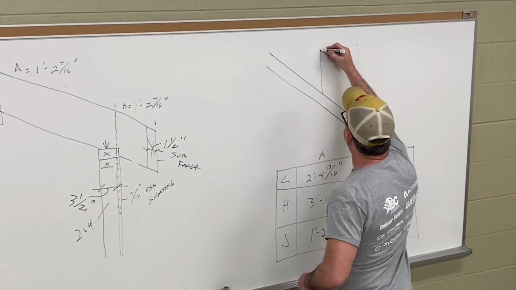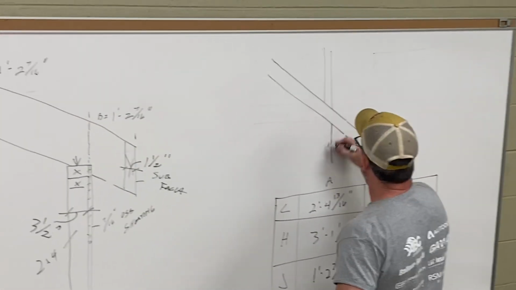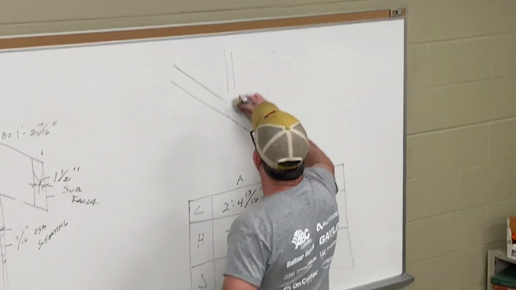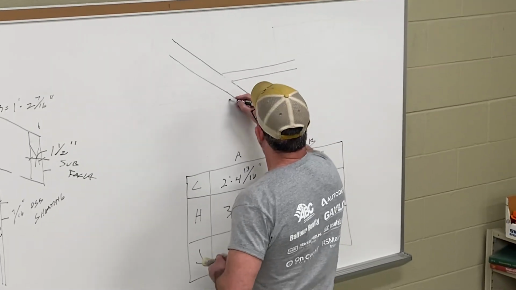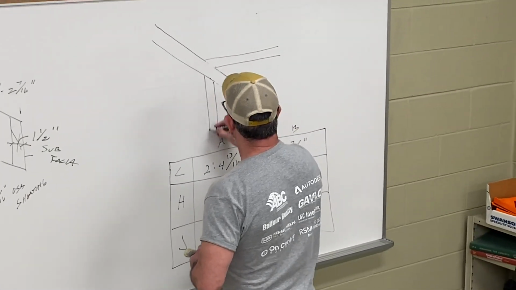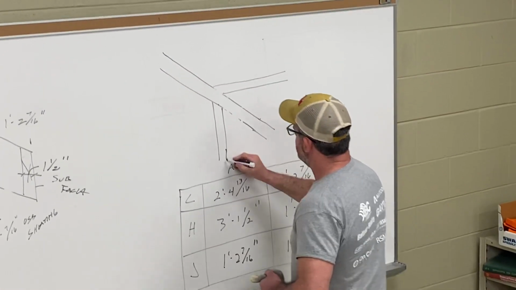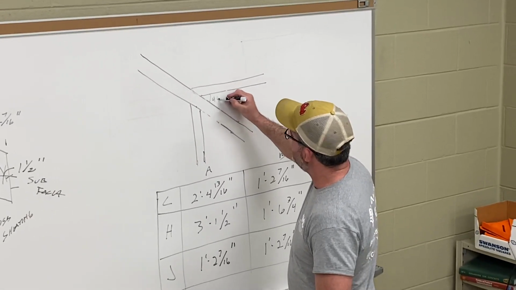Okay, I've got a jack coming in right there. Oops, no, I did that wrong. I've got a jack coming in like that, and I've got a jack coming in like that. Okay, right here at the top, I'm hitting at 45 degrees.